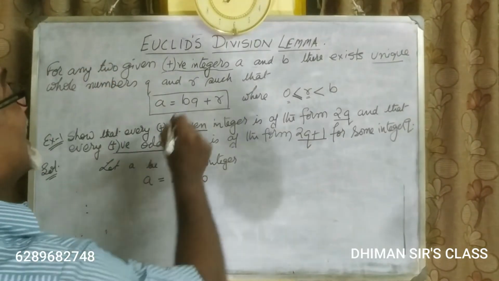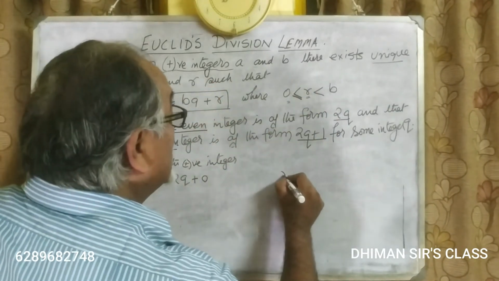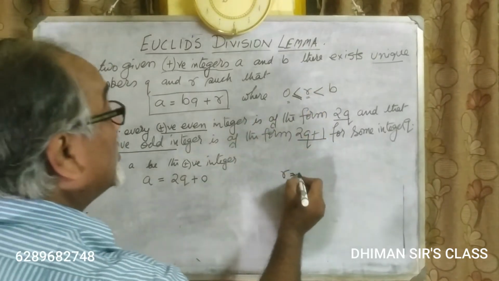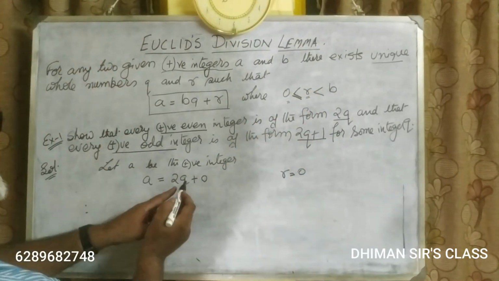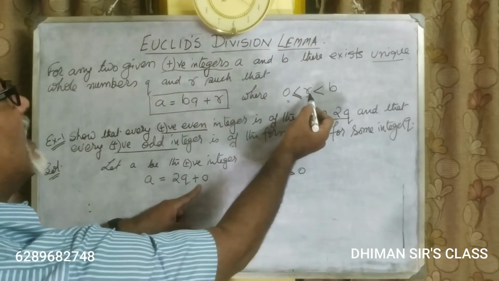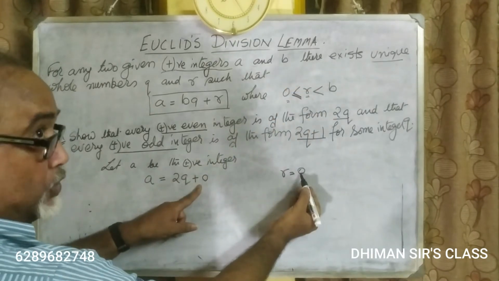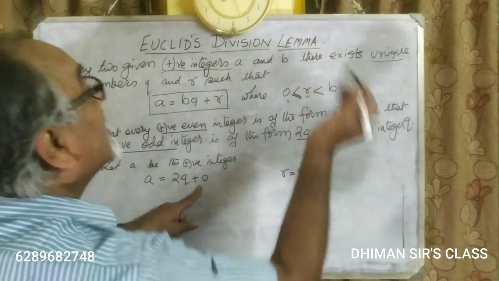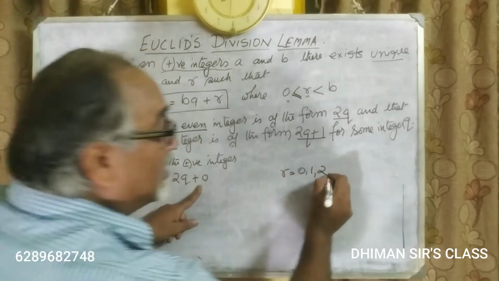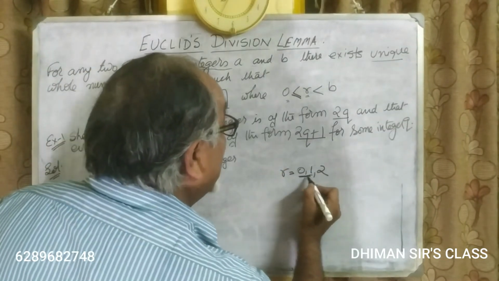So here, as per this theorem, what should R be equal to? It may be 0. Why? Because they are telling us A = BQ + R, which means R should be greater than or equal to 0. It may be equal to 0 or greater than 0, maybe 1, maybe 2. No, it will be only 0 and 1.